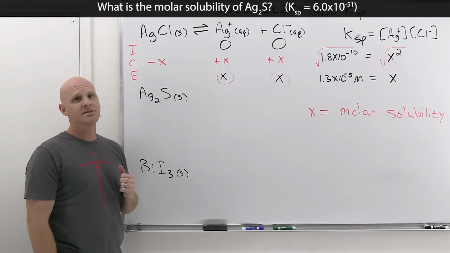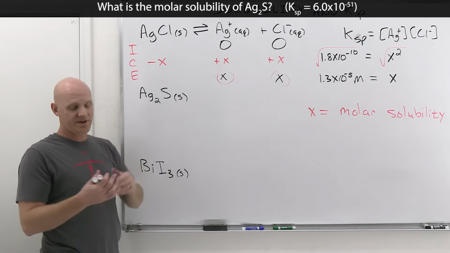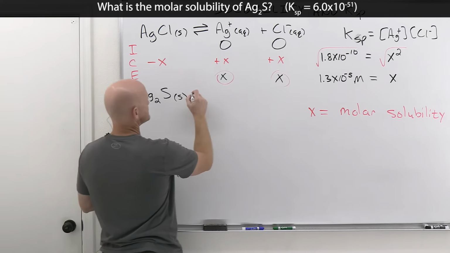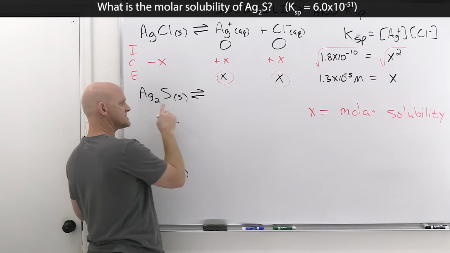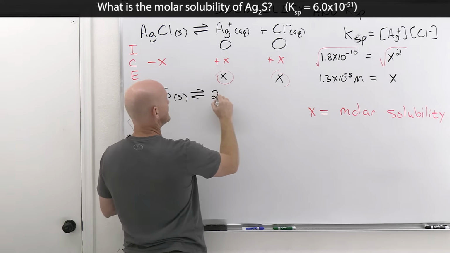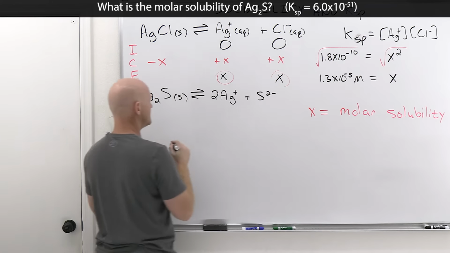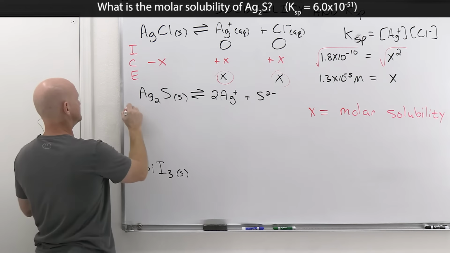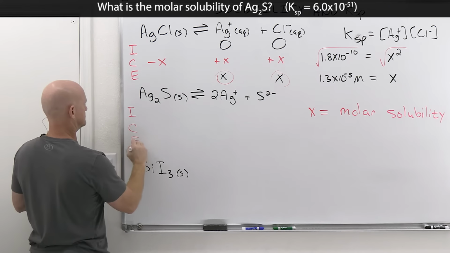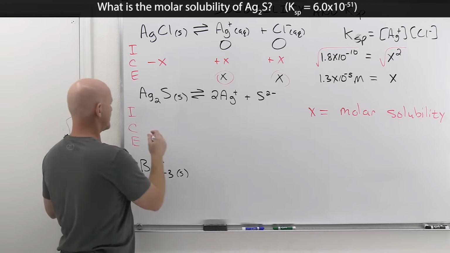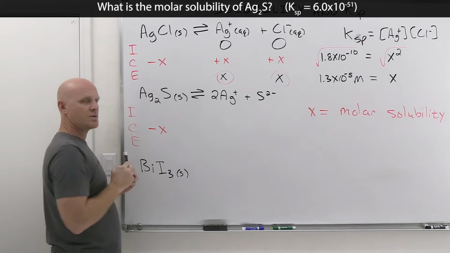So the Ksp is given, and we're asked to solve for the molar solubility, x, yet again. And so we'll set this up one more time. For Ksp, it's always an ionic solid dissociating into its ions. In this case, we're going to get 2 silver ions plus 1 sulfide ion. And if we set up that ice table, once again, the solid is the only part that really mattered.